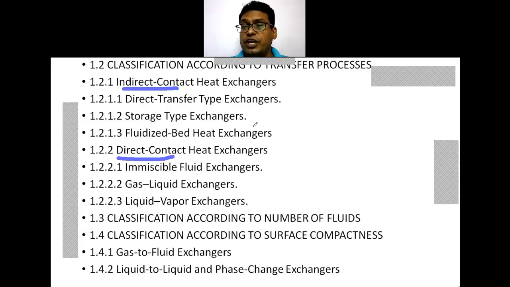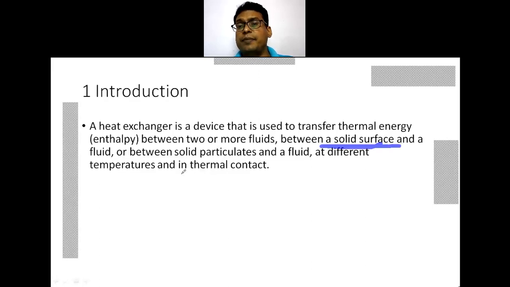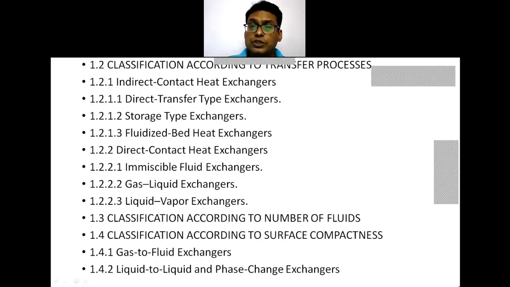Now in the definition of the heat exchanger, we have seen that the two fluids are separated by a solid surface, or they can be in direct contact with the thermal surfaces. So indirect contact means they are separated by a certain solid surface, and direct contact means they are in direct contact.